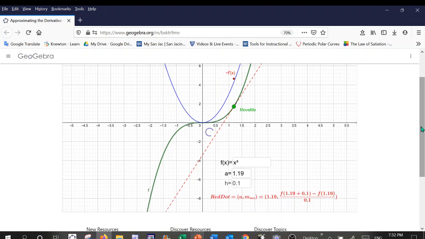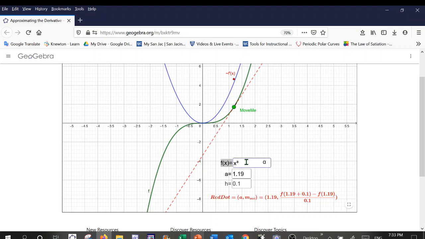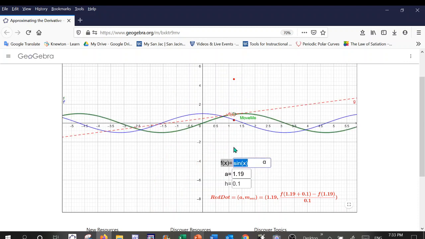So what we can do is change the function in here. I'm going to make it maybe sine x. Now, I'm going to move this point, and see, this is the function sine x.